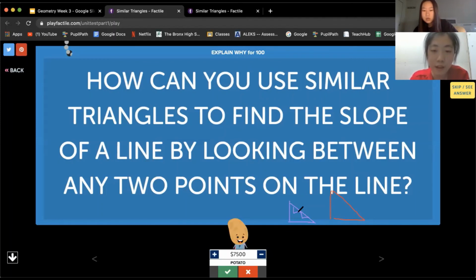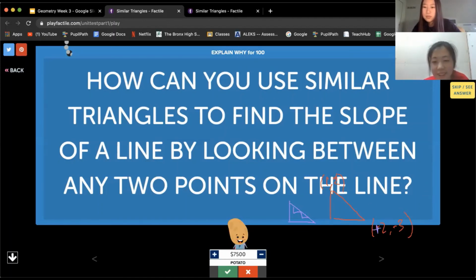If the triangles are similar, then they will have the same slope. So you just have to find one of the sides of the triangle. Let's say they give you a point here, which is 1, 2, and this is positive 2, negative 3.